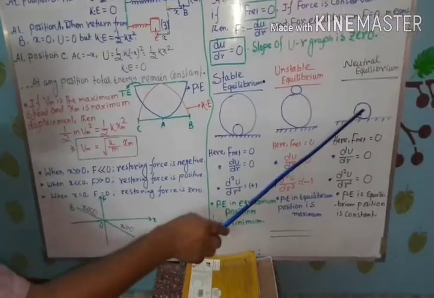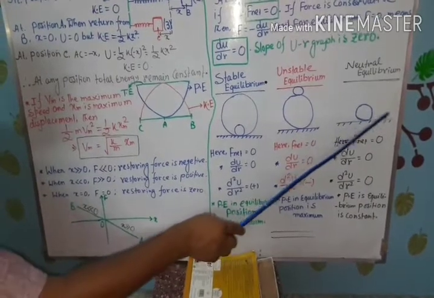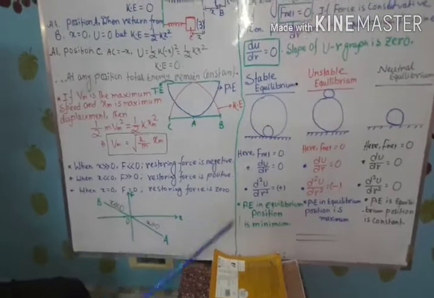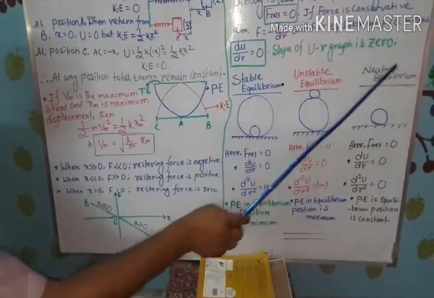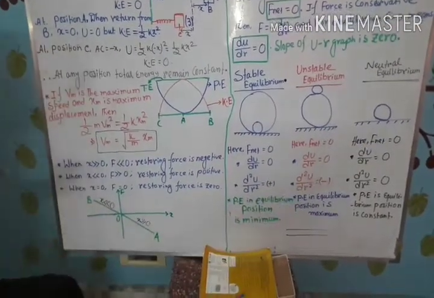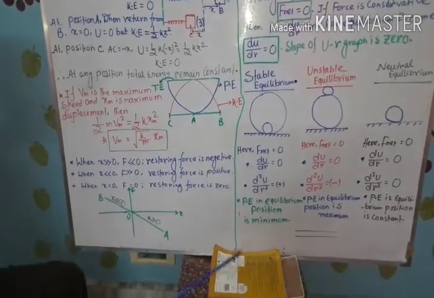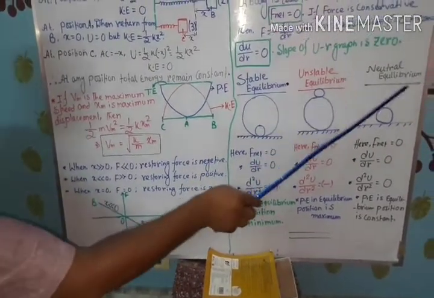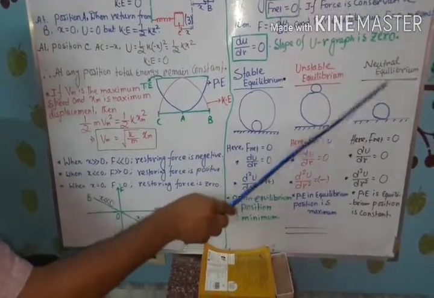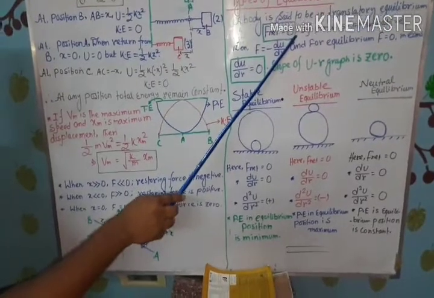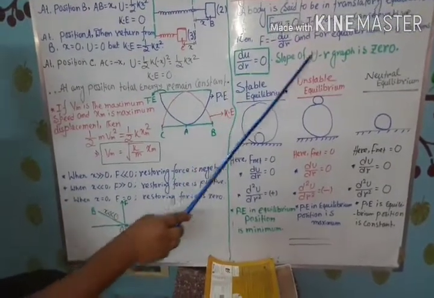And this situation of the ball over a flat surface is called neutral equilibrium. Now student, regarding stable, unstable and neutral equilibrium, you have to remember certain things. Whatever the type of equilibrium, in every type the net external force is 0 and dU by dr is also 0.